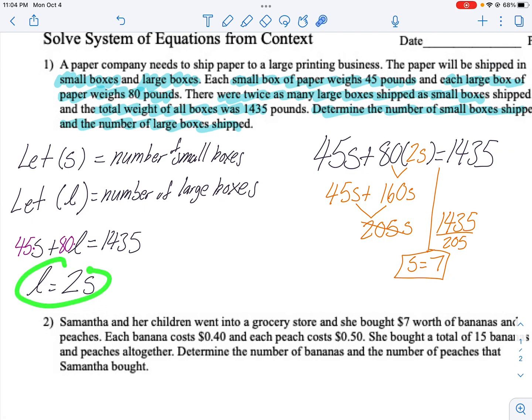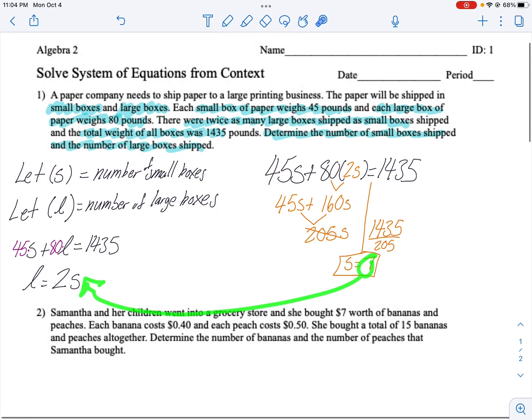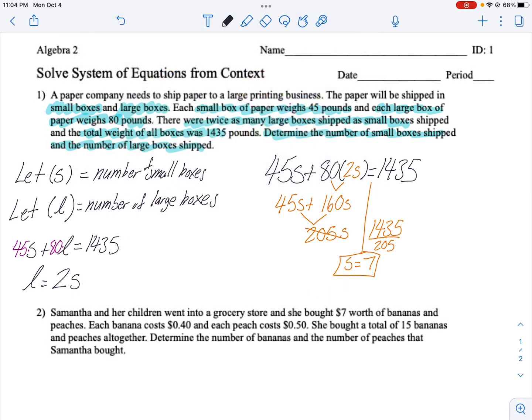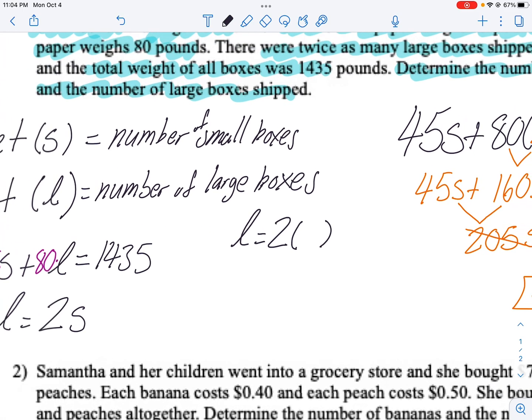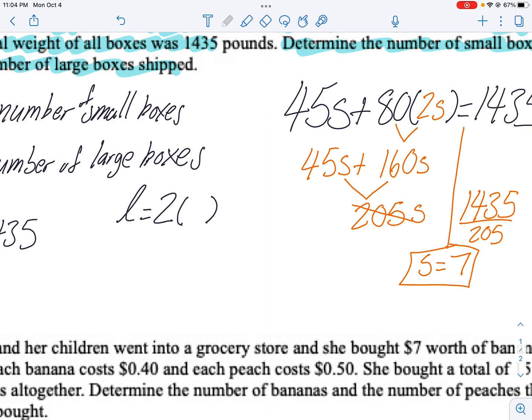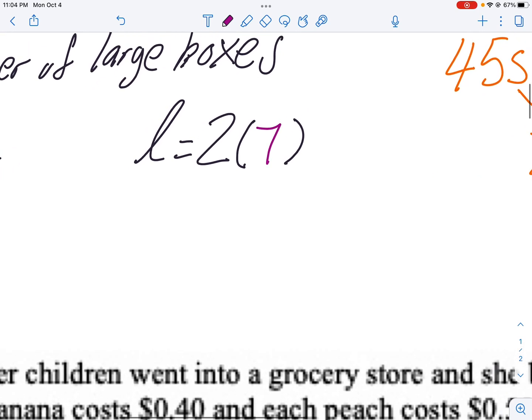And now to get the large boxes, look, L is equal to 2S. Well, this 7 is going to go right in there instead of S. So L is equal to 2 times 7, which is 14.